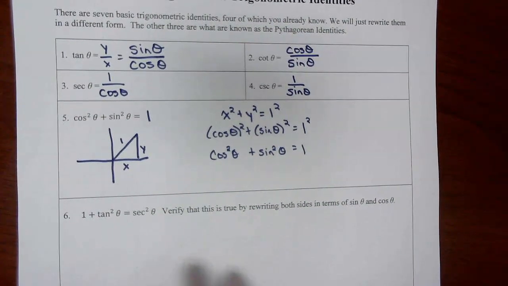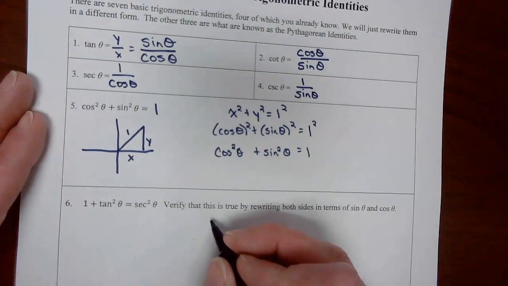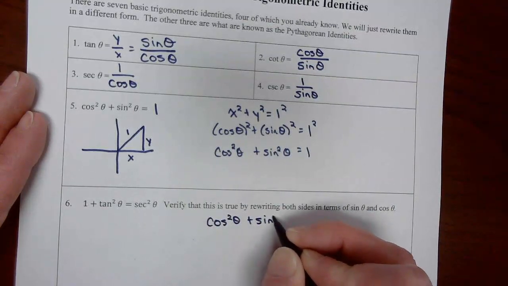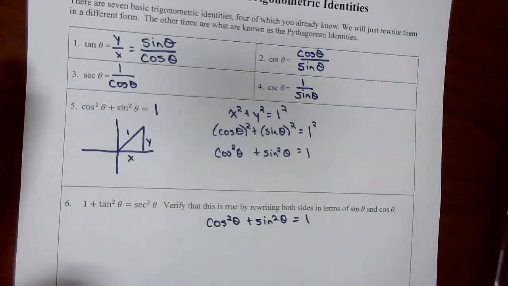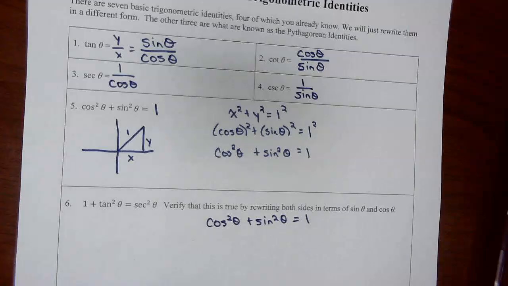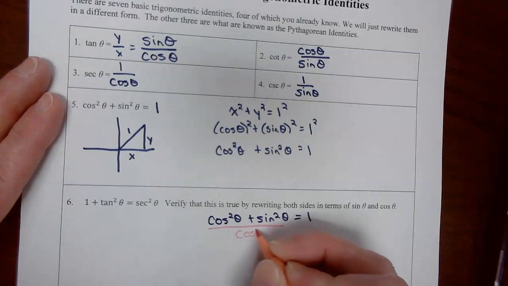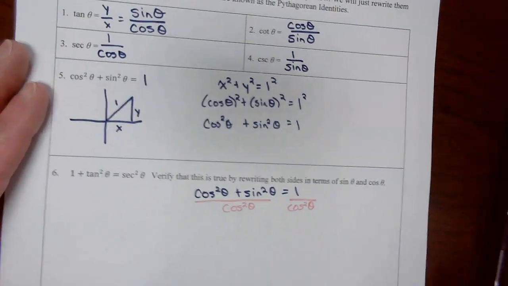We can rearrange it to prove some of these other ones. So if I took cosine squared plus sine squared equals 1, and I divided everything, both sides, by cosine squared, let's see what would happen.